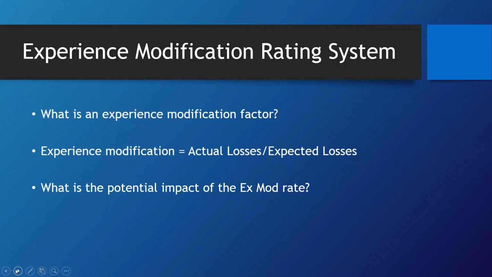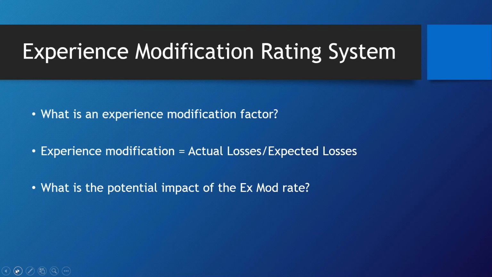Because that mod rate will ultimately, let's just say the base rate 1.00 is break even, right? You're not winning and you're not losing, so you would not have any debit or credit applied to your premium, but it can have a potential impact if you're having a lot of claims.